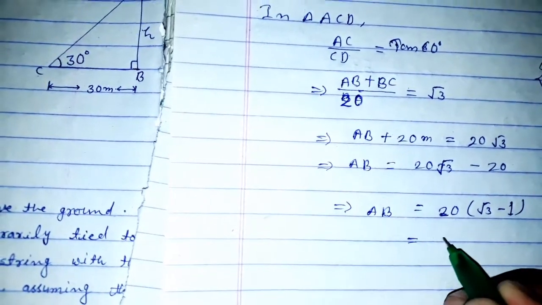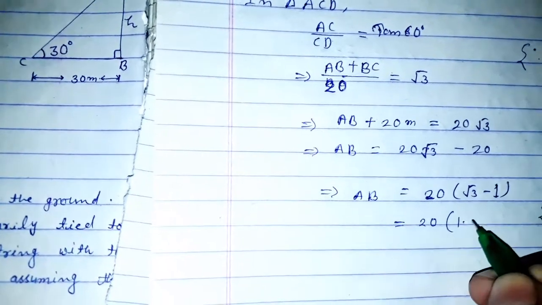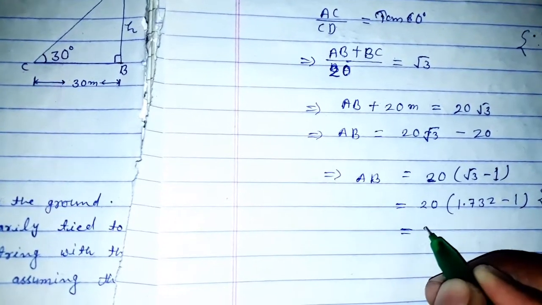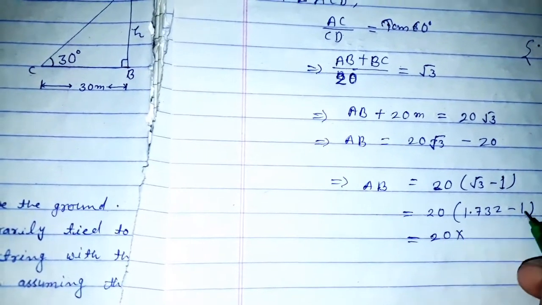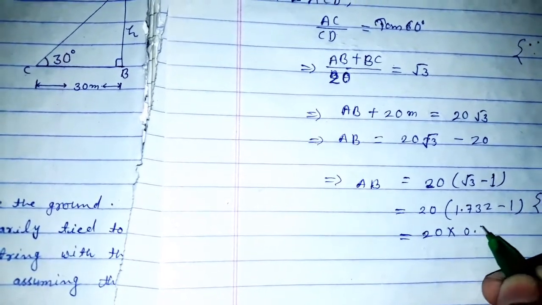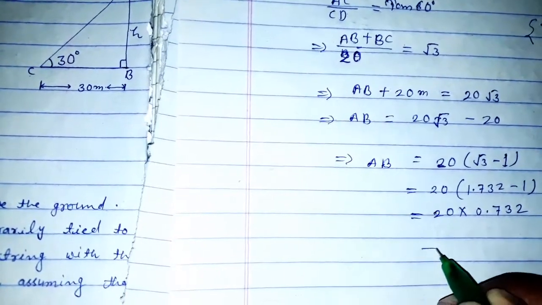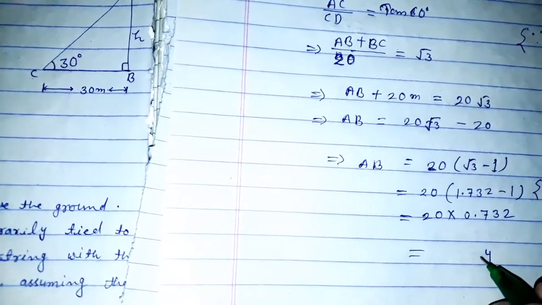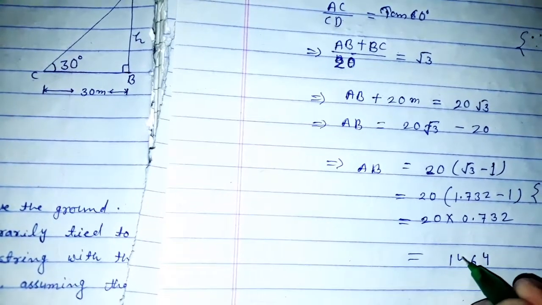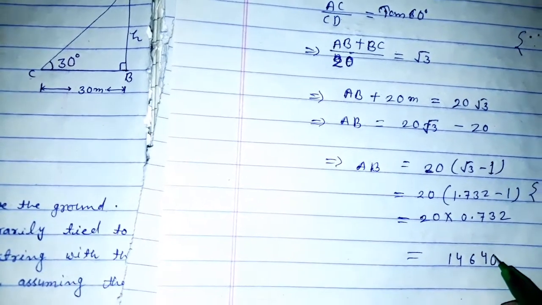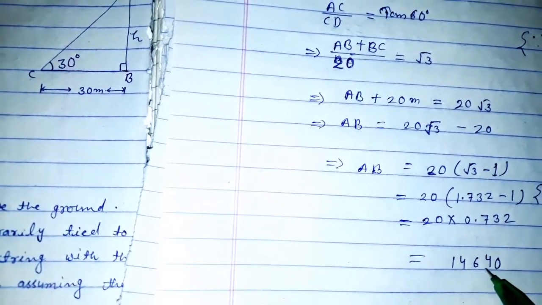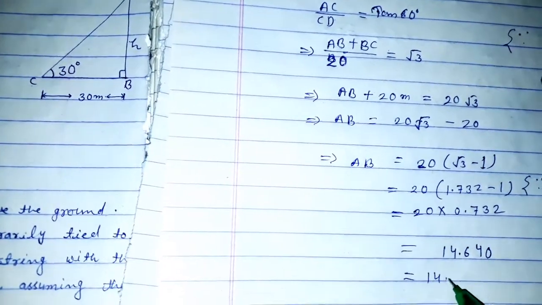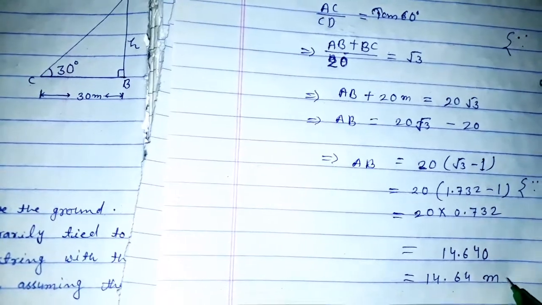So 20 into 1.732 minus 1, that is 20 into 0.732, multiply: 0 times 20 is 0, 2 times 20 is 40, and so on. Three digits after the decimal point, so this is 14.64 meters.